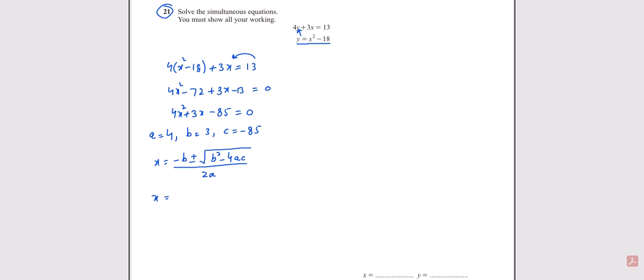So x is equal to minus 3 plus minus square root of 3 square minus 4 times 4 times minus 85, over 2 times 4.